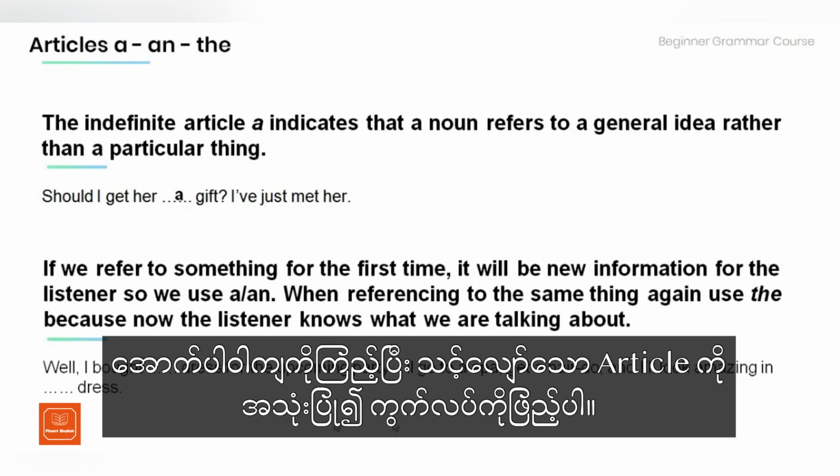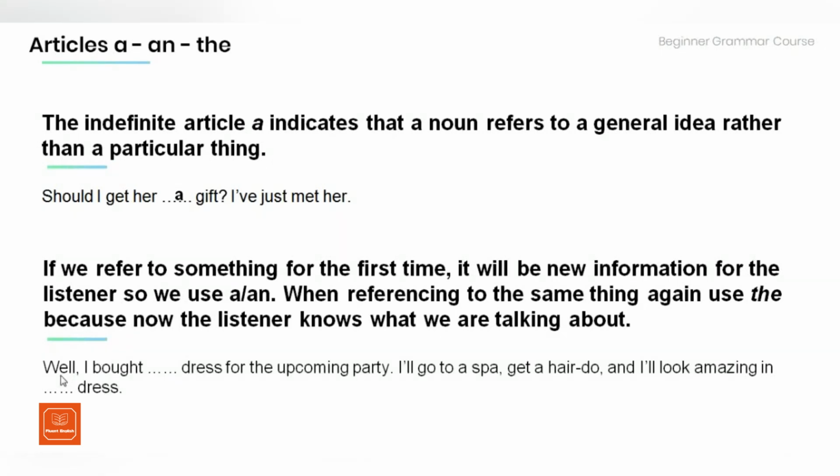Have a look at the sentence below and fill in the gap using the appropriate article. I bought a dress for the upcoming party. I'll go to a spa, get a hairdo, and I'll look amazing in the dress.